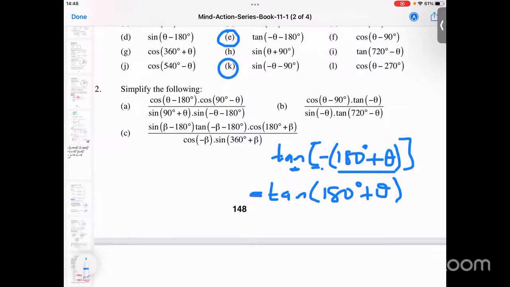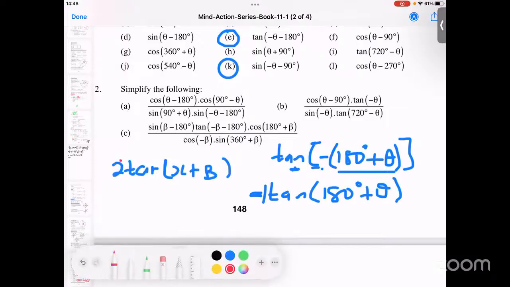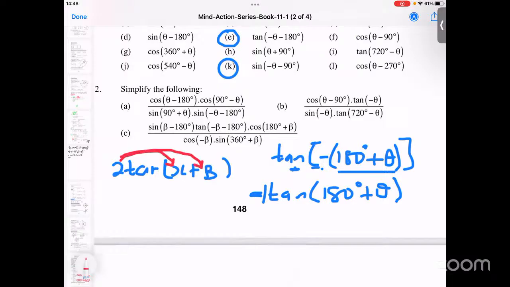So you don't say you take it out as if it's a common factor, because the moment you take it out, it's now negative 1, which is now a coefficient. If you interpret it that way, it's the same as saying this thing is that multiplied by that, that by that, which is not mathematically correct.